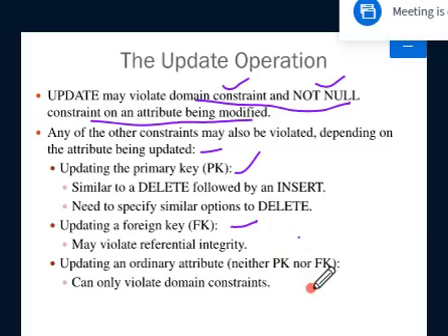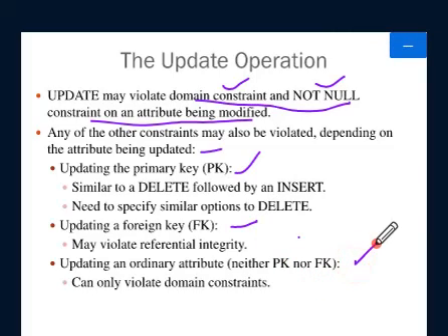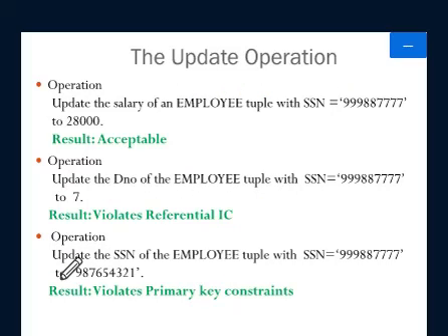Updating an ordinary attribute means I may be violating the data type or size of that attribute, that is the domain constraint. So these are the different violations when I perform the update operation.